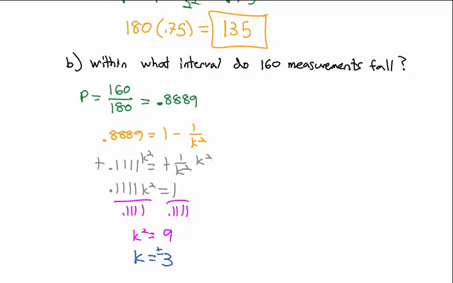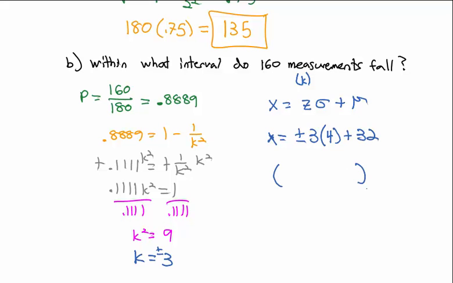So now we go back to that x equals formula. Remember that x equals formula was our z value. We're using k in this formula, but it's the same thing, times the standard deviation plus the mean. So x equals plus or minus 3 times the standard deviation, remember that was 4, plus the mean we said was 32, and we'll get a range.